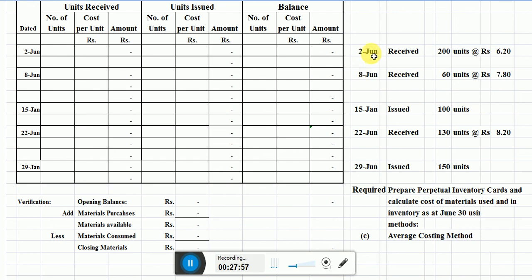You are looking at 2nd June, the purchase is 200 units here. The cost per unit is 6.20. Now in the balance column, 200 units at 6.20 here.